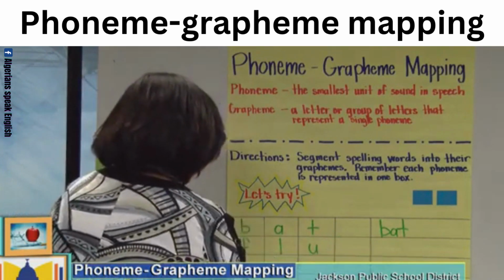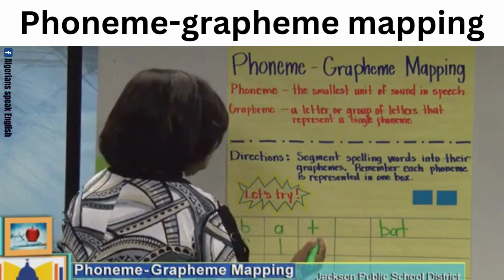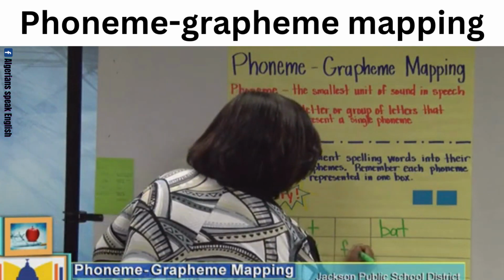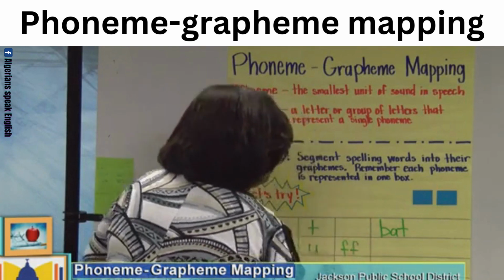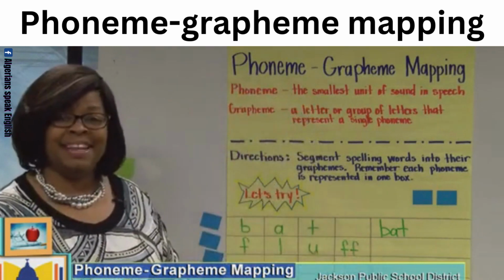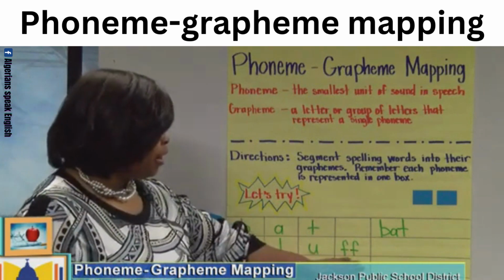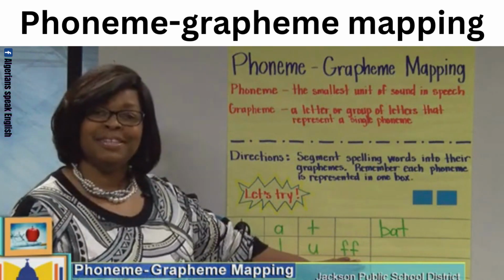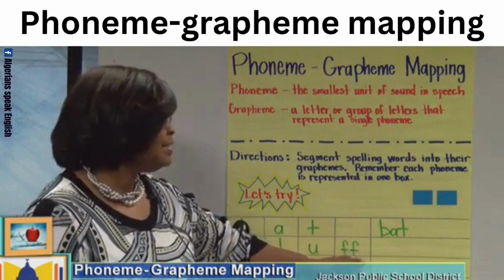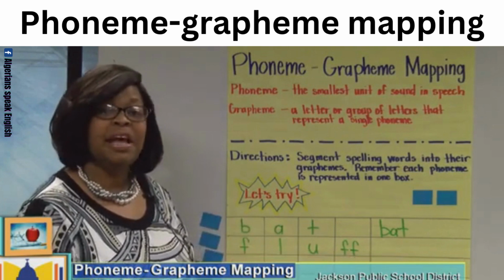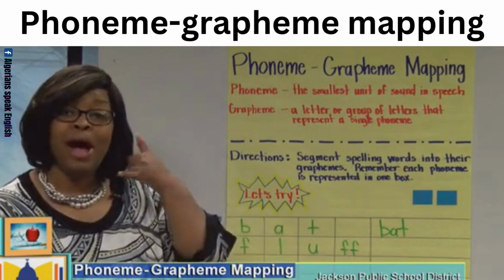That would be the letter F. Now, because we understand the floss rule, we know that fluff is spelled with 2 F's at the very end. Why on earth would we place 2 letters or 2 graphemes inside of the final box? Yes, because the 2 F's make only one sound, one phoneme.